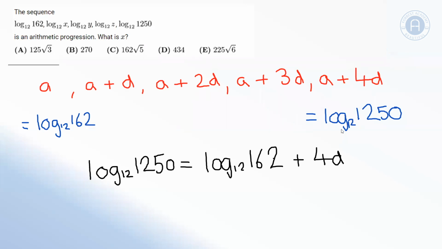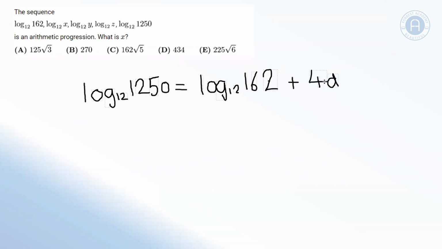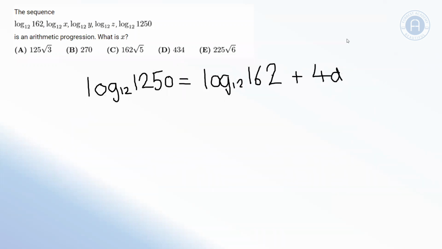Okay, let's see if we can work this to find a value for 4d. If we subtract log base 12 of 162 from both sides, we're going to get log base 12 of 1250 minus log base 12 of 162 is equal to 4d.